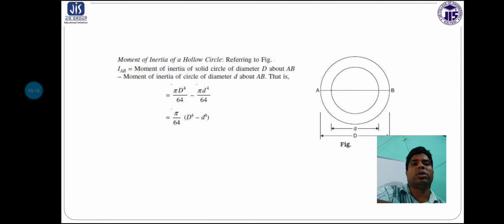If the hollow circular section is considered, with outside diameter capital D and inside diameter small d, then IAB is equal to the moment of inertia of the solid circle of diameter capital D about AB minus the moment of inertia of the circle of diameter small d about AB. So pi capital D to the power 4 by 64 minus pi small d to the power 4 by 64. So the actual value is IAB equal to pi by 64 into (capital D to the power 4 minus small d to the power 4).